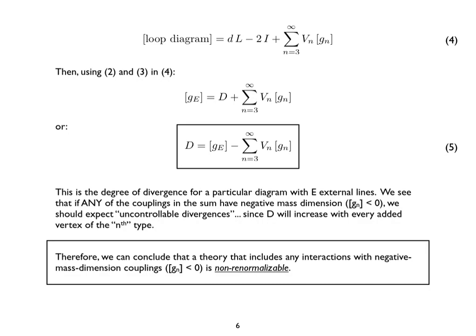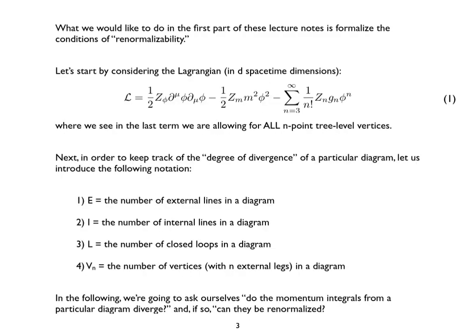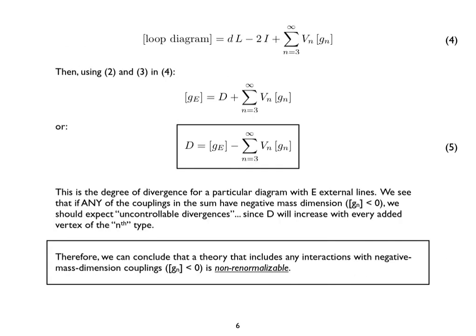What was V? I forgot. V was the number of vertices. Yeah, the number of vertices times, so that's just a number, and that's being multiplied by the mass dimension of these individual couplings. Okay.